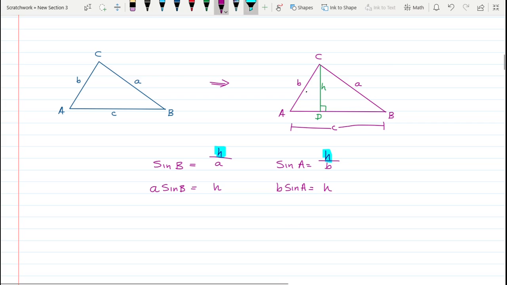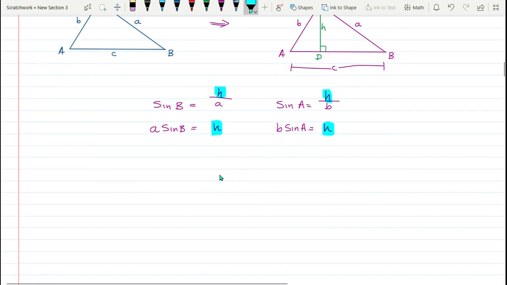So we're saying that the length of b times sine of A is equal to some length h, but this is equal to this. So we can ignore the height h and set them equal to each other, and we'll have a sine of B equals b sine of A. And so let's move things around so that we can have the law of sines pretty much.